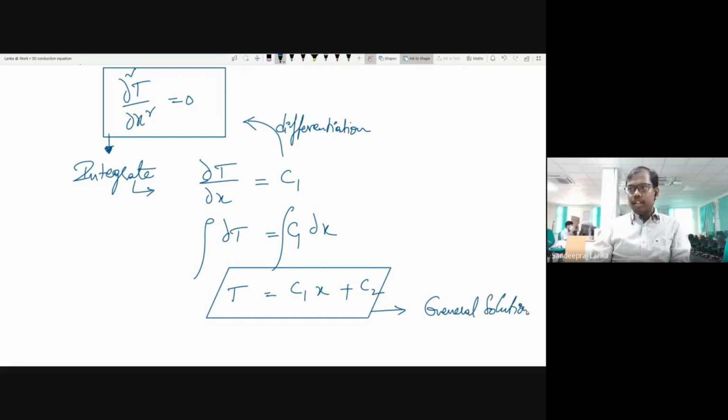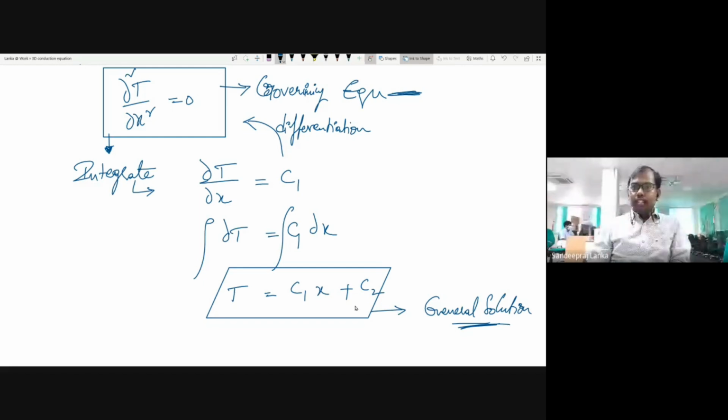See, first what I have taken is my governing equation. In the first place, to solve any heat transfer problem, you should have the governing equation. The next thing is the general solution; when you do some integration, you get the general solution.